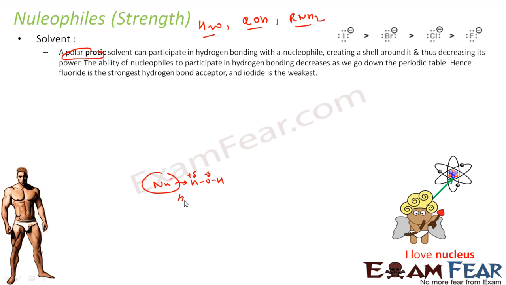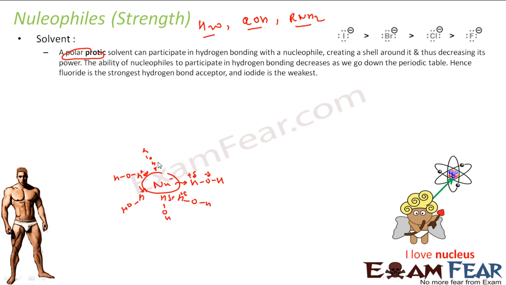Similarly, the water molecule will hog this nucleophile, it will in fact clutter this nucleophile. Because of this, the nucleophile won't be able to function properly. Hope you are understanding what I am trying to say here.